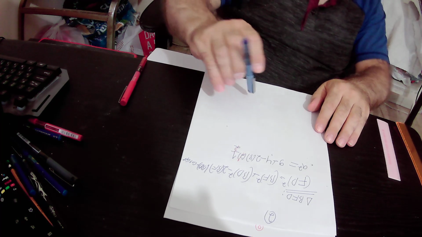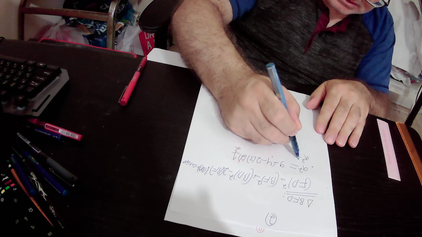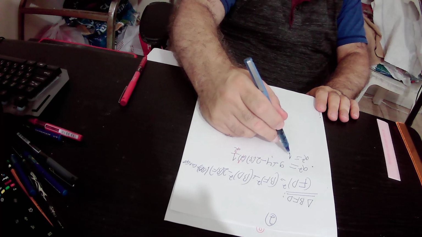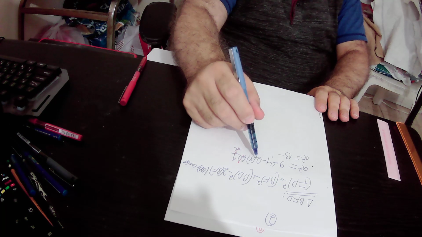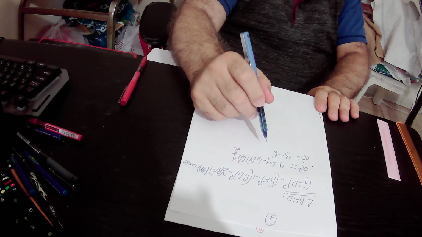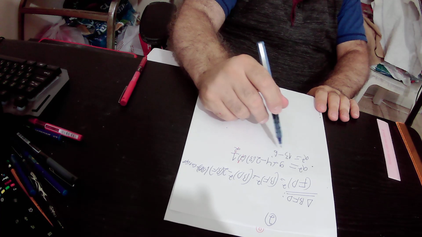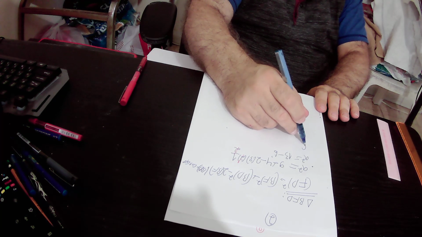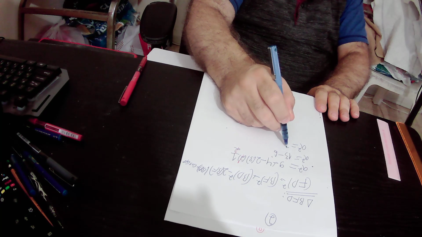We will have that A square equals 9 plus 4, which is 13, minus 2 times 3, which is 6. So what is left is A square equals 13 minus 6. 13 minus 6 is 7, so we got that A square equals 7.